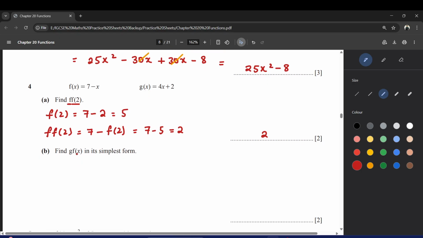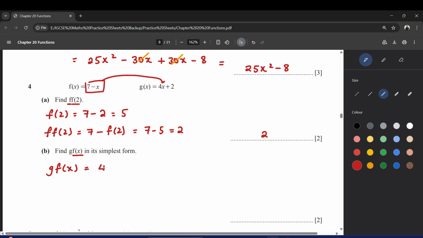Then it says find g of f of x in its simplest form. So here we have to substitute f into g. All right, so g of f of x. So that means substitute f of x into the function g.